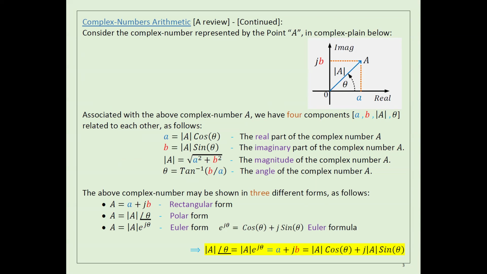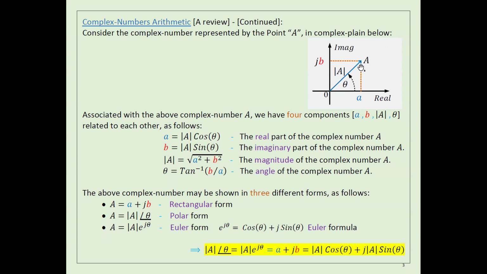So in the polar form, if you have a point A, I can represent this point A using the length of this line, which I call the magnitude of A, which is actually the length of this one, and the angle. So there is another way to represent a point.